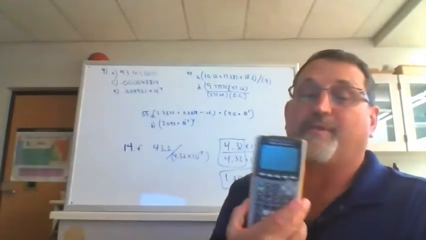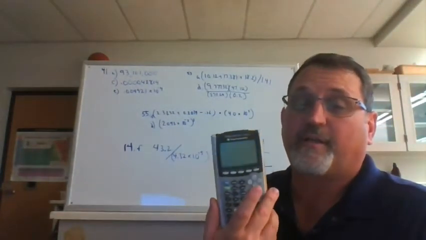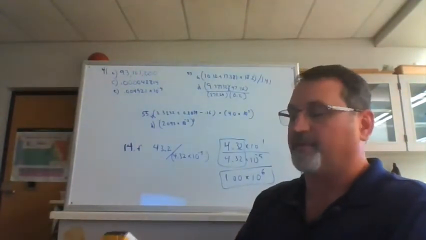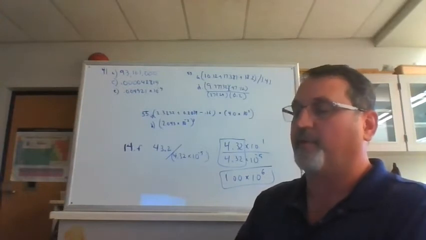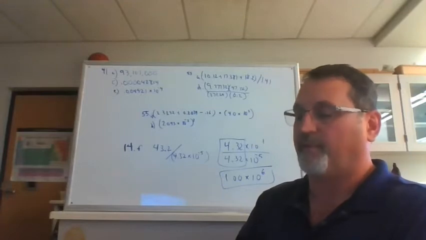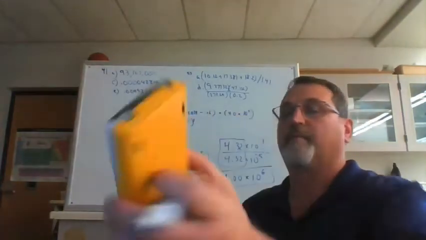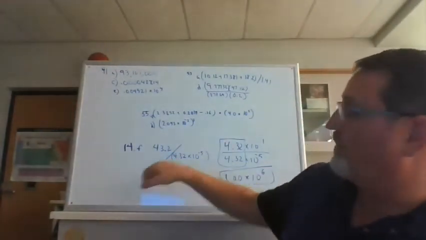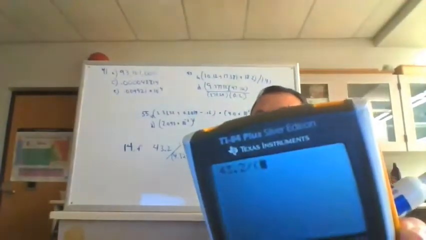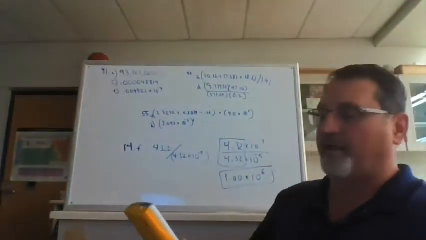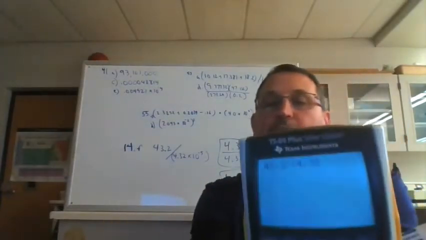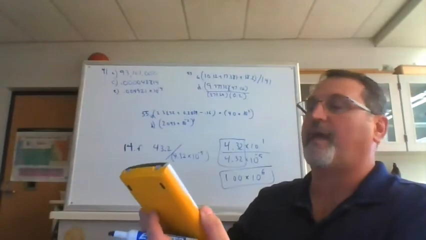Now, the other option, for those of you who are really good on your calculator, is to just plug it straight in on your calculator. So on your calculator, 43.2 divided by, and then I do need the parentheses to get the right answer, 4.32 times 10.